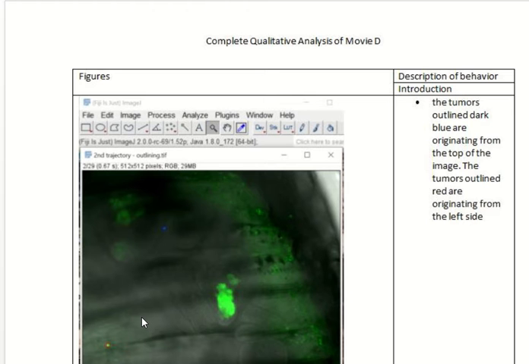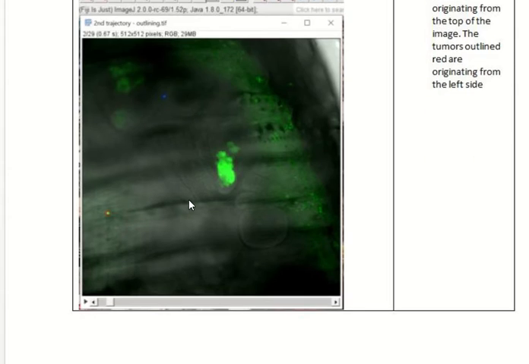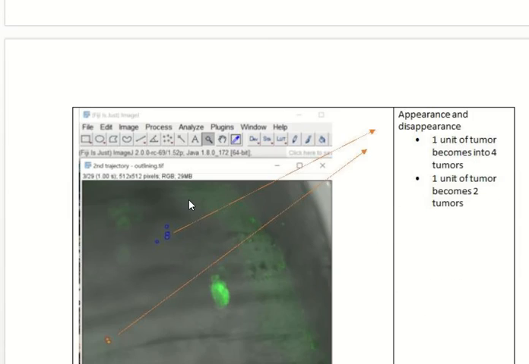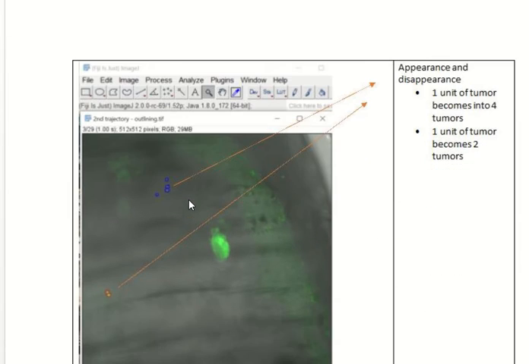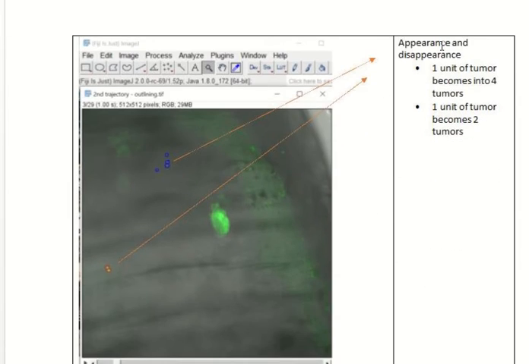Yes, this is something we can include in the paper: the majority of the things that we see are not breaking from the tumors. They are coming from other parts of the image that we don't know exactly where. That is important.